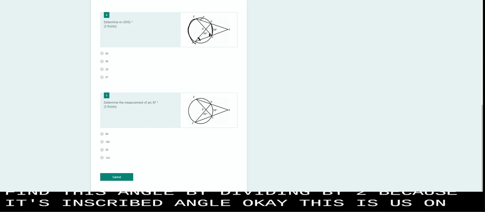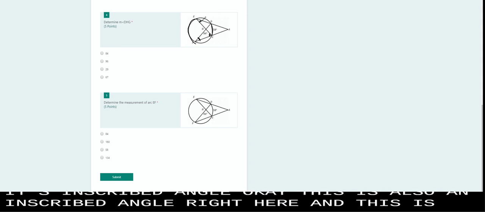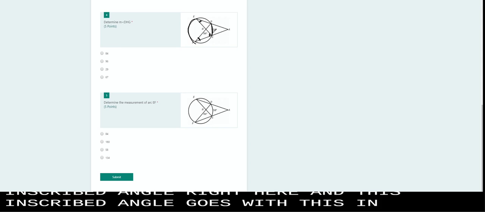This is also an inscribed angle right here. And this inscribed angle goes with this intersected arc, okay? So that's that. And the last one pretty much is the same problem, but here they're asking you what is the measurement of arc EF, okay? Which we already went over on the previous problem here, number 4.